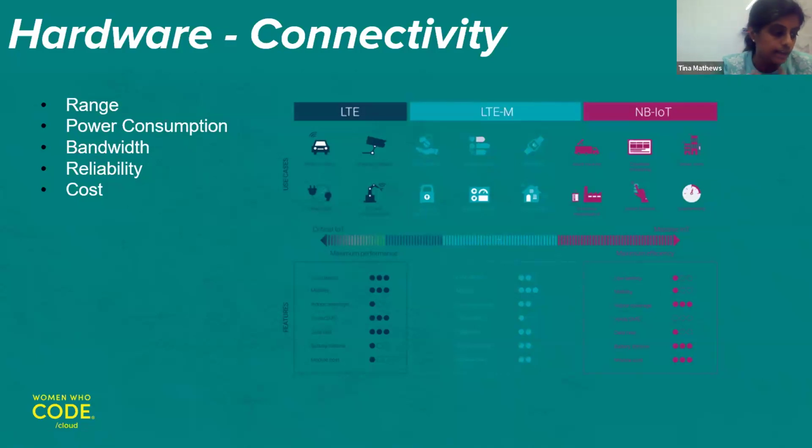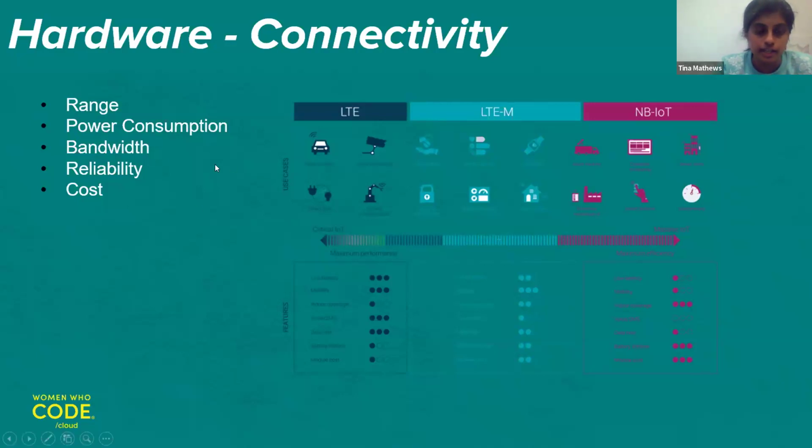Does it need to be connected 24/7? Because the communication module actually draws a lot of current, so we have to be mindful of that. The bandwidth: do you want to transmit only small amounts of data, or high-volume IoT data in bursts?